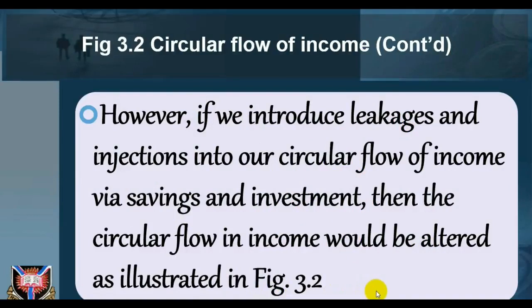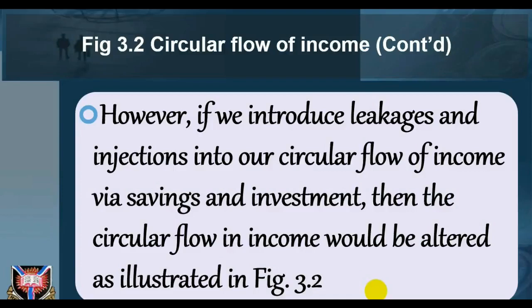In the economy illustrated above, we assume that households do not spend all their income on current consumption of goods and services, but save part of it. The amount saved then constitutes a leakage from the system. On the other side, firms do not sell all their output to households. Some are investment goods.